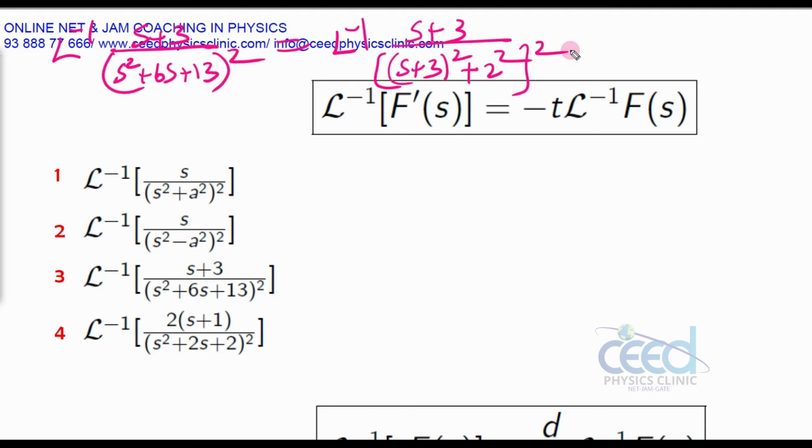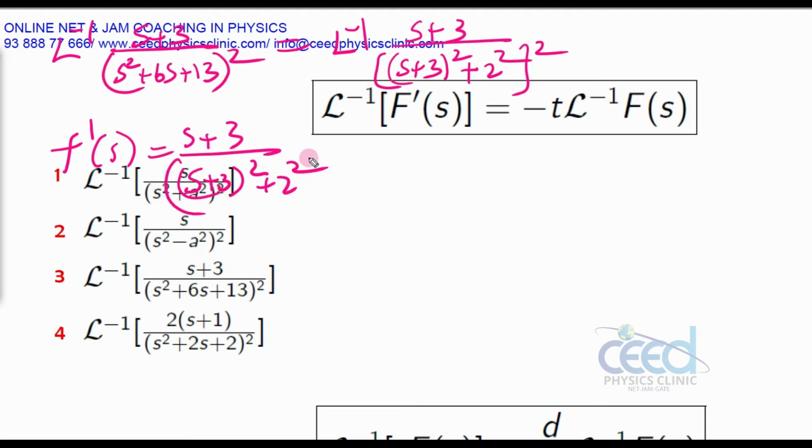Now, to do this, this is our f dashes, right? I am imagining that as f dashes. So f dashes of s is equal to (s plus 3) divided by ((s plus 3) whole square plus 2 square) whole square, right?